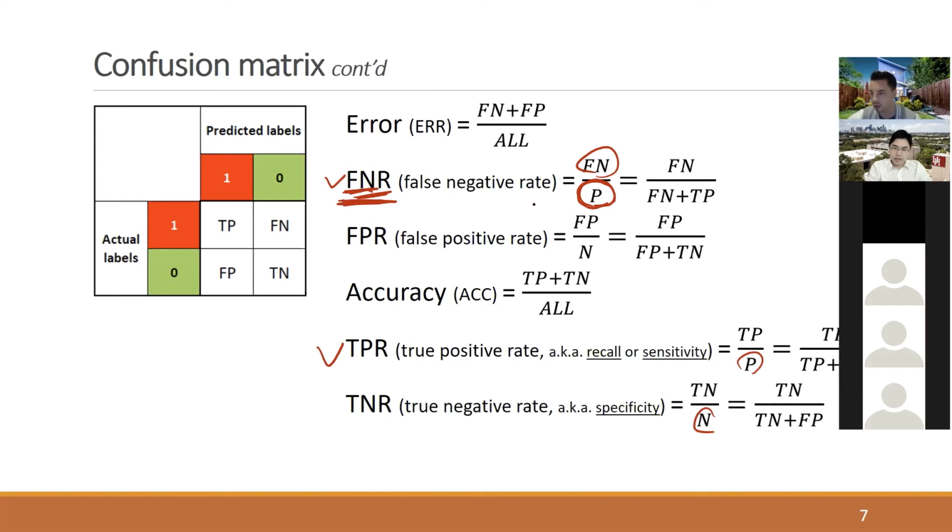The flip side of false negative rate is true positive rate. Whenever you hear true, it's truthful. True positive rate is referring to the positive cases. You have the same denominator, but the numerator is true positive. Same here.